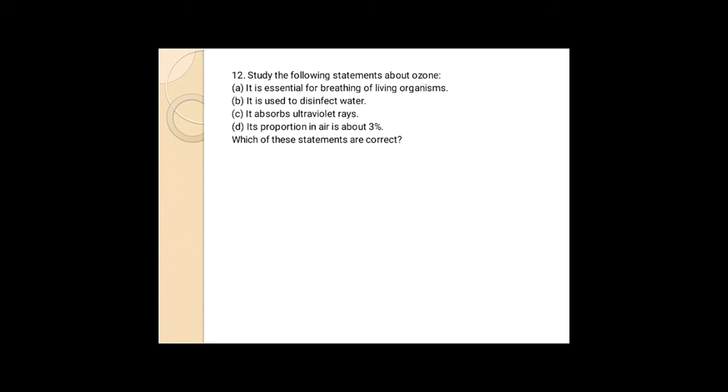Ozone is not for breathing, it protects us from harmful rays, so it is not essential for breathing of living organisms. But yes, it is used to disinfect water and absorbs ultraviolet rays, and its proportion in air is not about 3%, it's less. So the correct ones are B and C. Yes, B and C. So number 2.